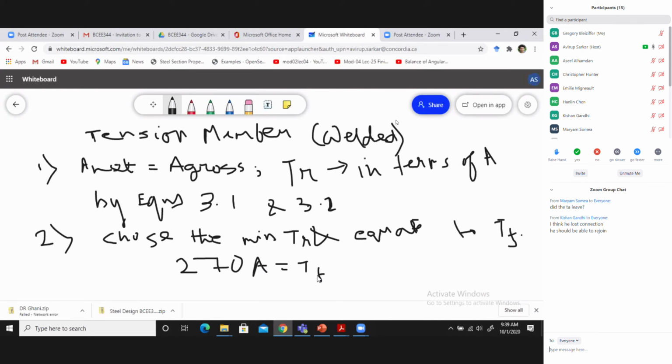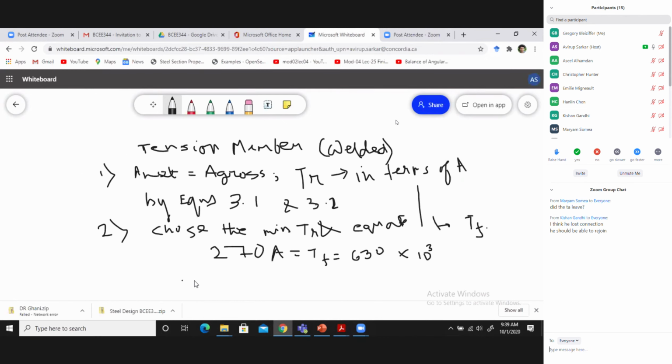In this case it was 630 kilonewtons, so you calculate in terms of Newtons, and then you get a required A by this division.